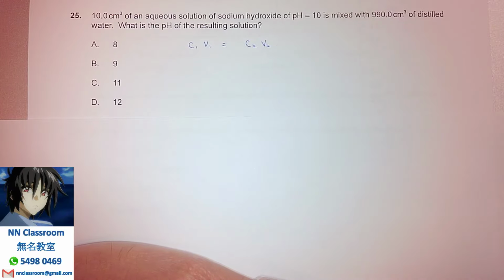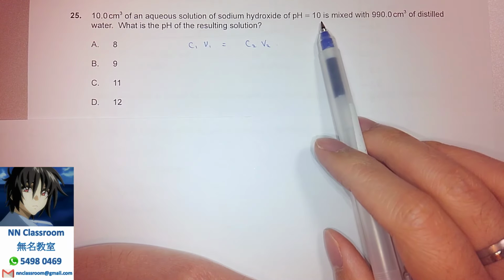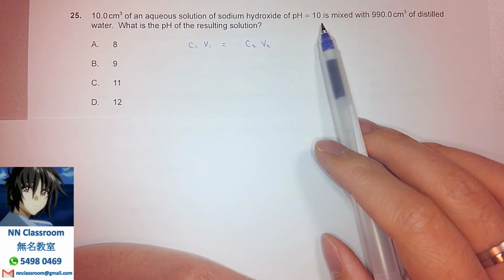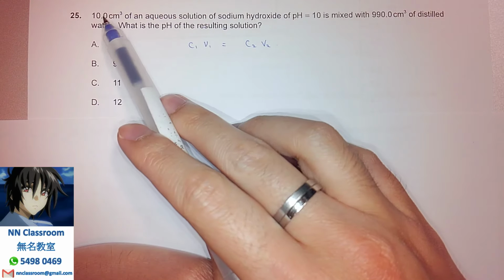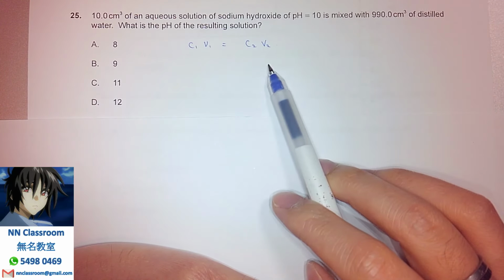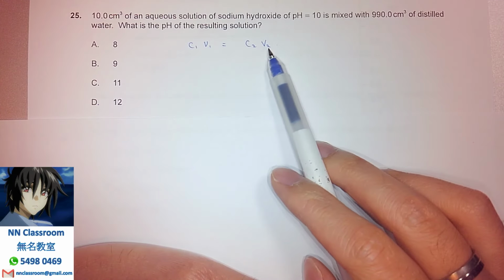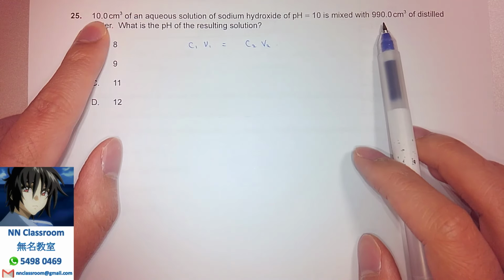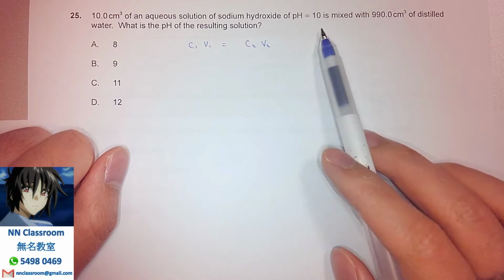If you think of the concentration and switch the pH to the concentration of hydrogen ions, H plus concentration, that is okay, because that will be your C1, and your V1 is going to be 10. You can divide by 1000 or not, because both sides will be divided by 1000, meaning cancelled. And C2 is my outcome answer, and V2 is going to be 10 plus 990, divided by 1000, and so you get C2 and switch back to the pH, right?